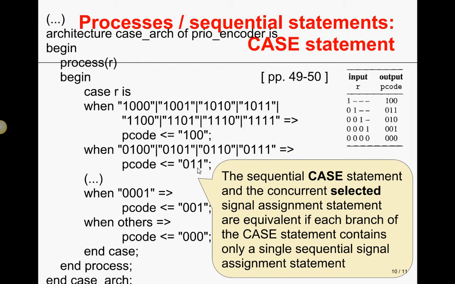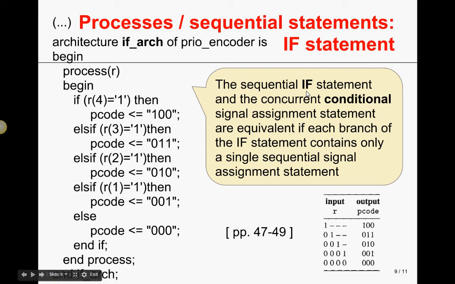Now, one important thing to call your attention to is that the if statement and the concurrent conditional signal assignment statements will be equivalent if each branch of the if statement contains only a single sequential signal assignment statement.